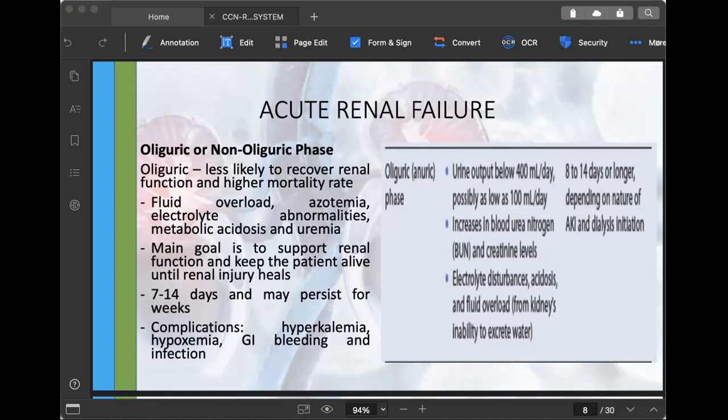Now, you are all familiar with oliguria. I know that you know this term already. This is a condition with urine output of less than 400 ml per day. This is due, of course, to the decrease in your GFR.